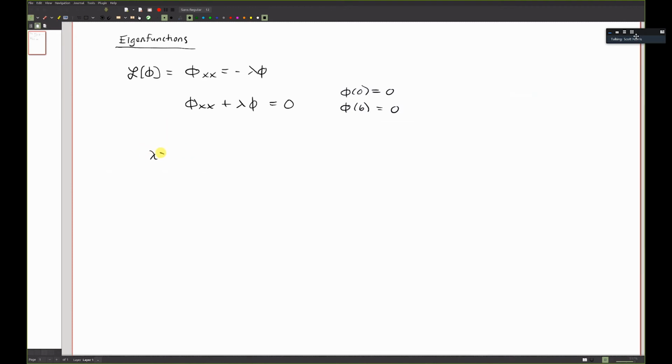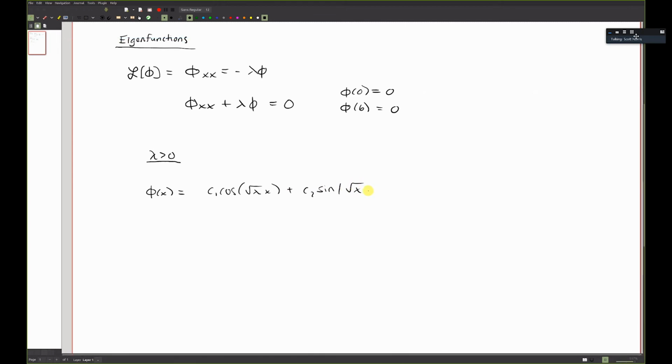I am only going to consider the case lambda positive. r squared plus lambda is 0, so r is plus or minus the square root of negative lambda. The dividing case is 0, and so I'm going to consider the values of lambda above that dividing case. I'm going to get phi of x is c1 cosine root lambda x plus c2 sine root lambda x.